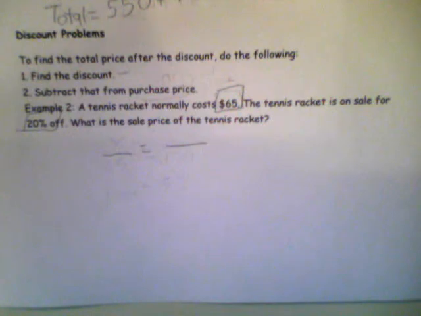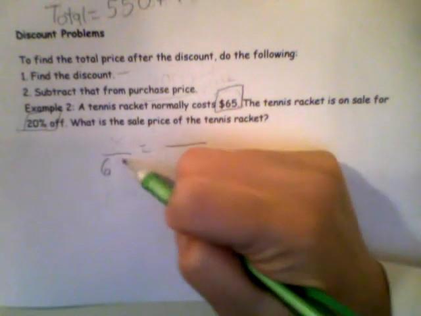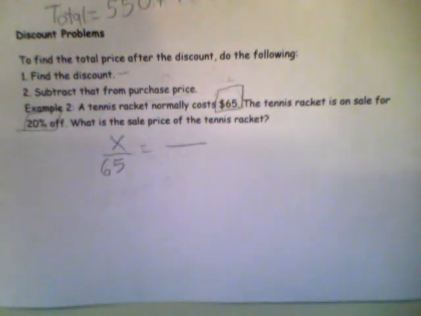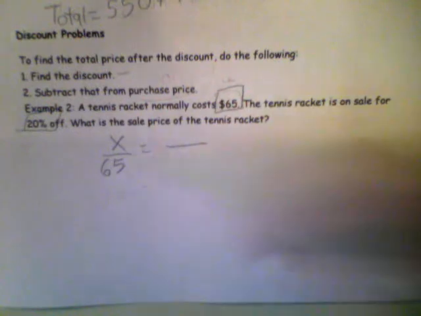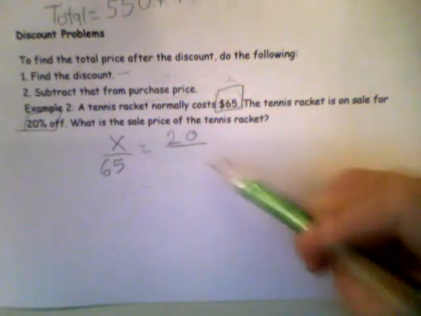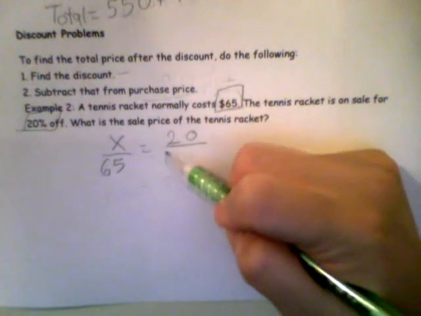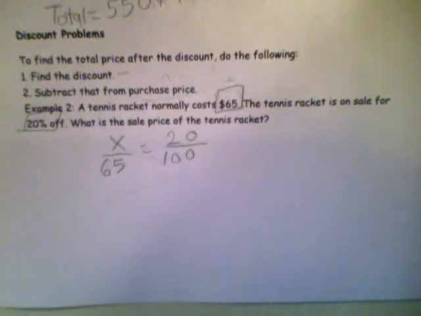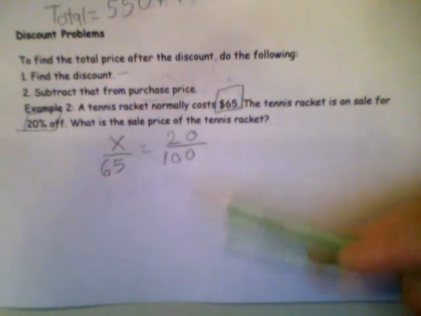So I can set up my proportion. Since I'm trying to find what 20% of 65 is, 65 is my whole, so it goes on bottom. I'm solving for my part, so x goes on top. I know the percent is 20, and the percent always goes over 100. So now I have my proportion. When you're working these problems, I need to see your proportion as well as how you work out your proportion.